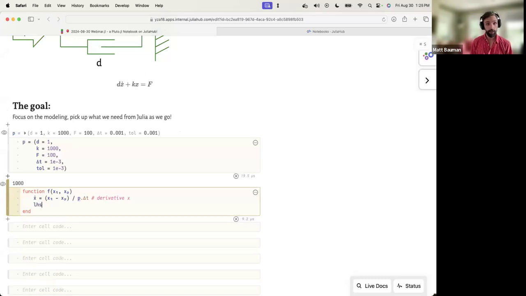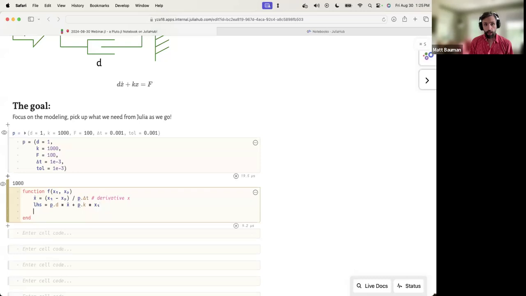Our left-hand side is going to be our damper constant times x dot, plus our spring constant times x, and that's our x at our current time point.